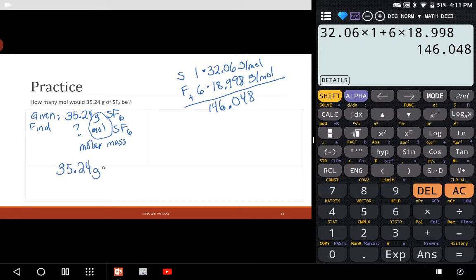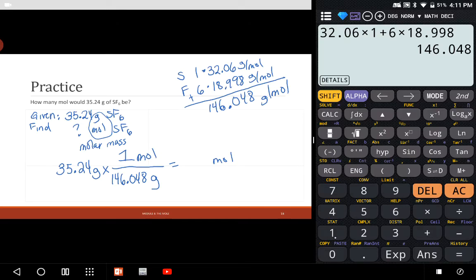So we have our 35.24 grams. And I need to cancel out my grams, so that has to be in the denominator to cancel out the existing grams. And I need to get into moles, so that my final unit will be moles. This number is attached to the grams. And so that's 146.048 grams per 1 mole. It's always a 1 next to the mole for this.